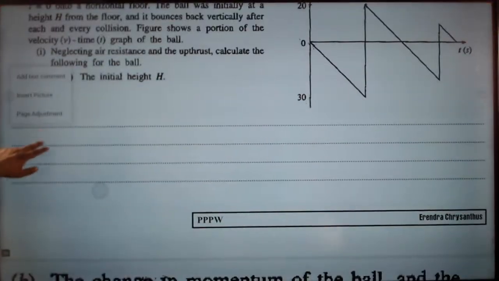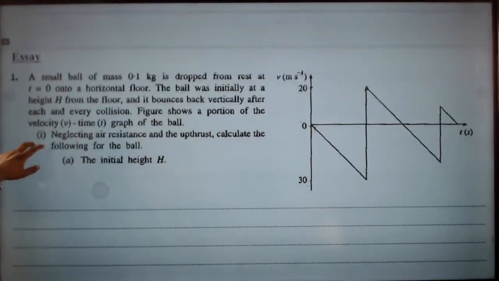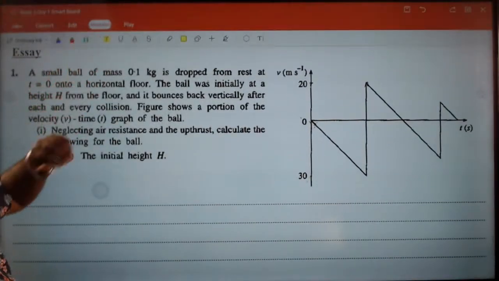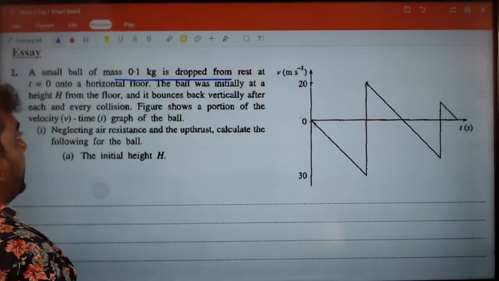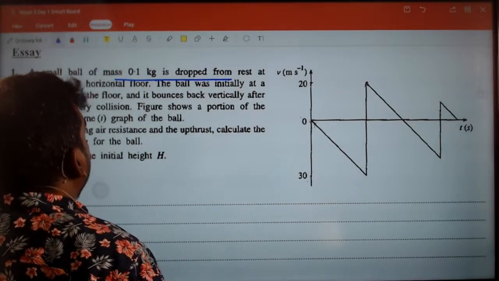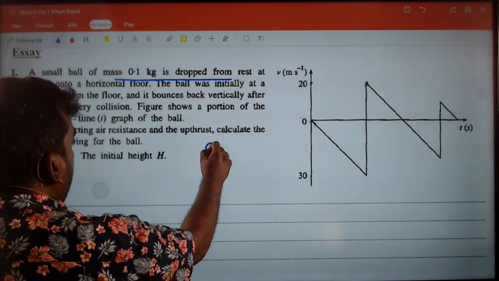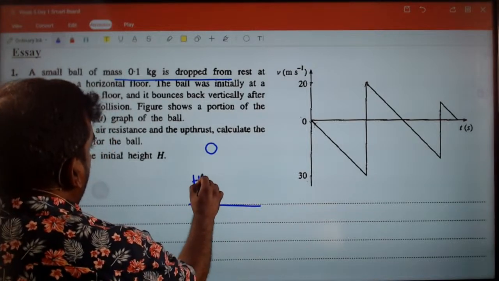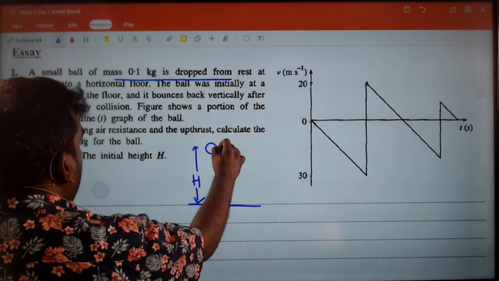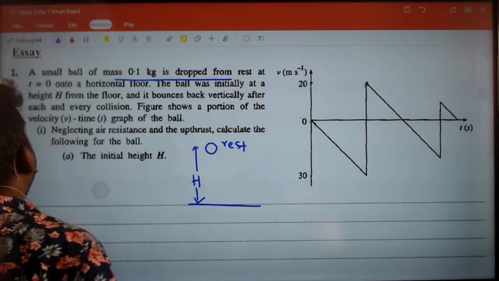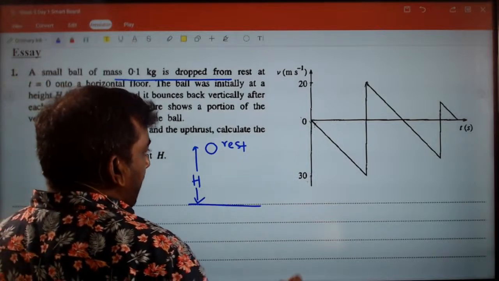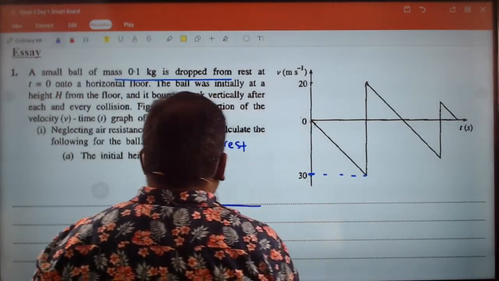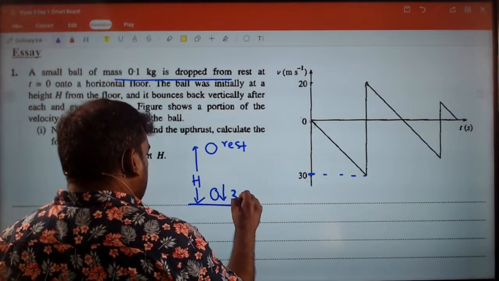Moving on. A small ball of mass 0.1 kilogram is dropped from rest, falling under gravity. The ball was initially at height h from the floor, and bounces back after every collision. The figure shows a portion of the VT graph. It collides with the floor with a velocity 30.